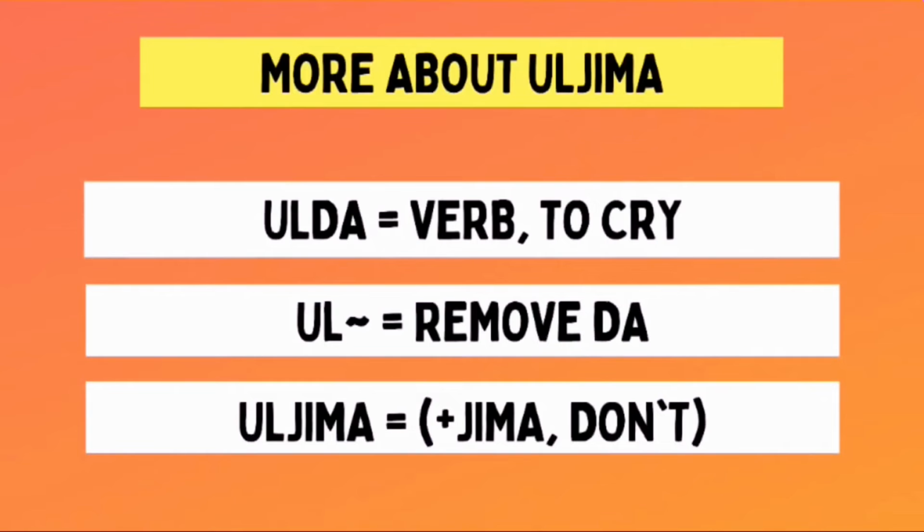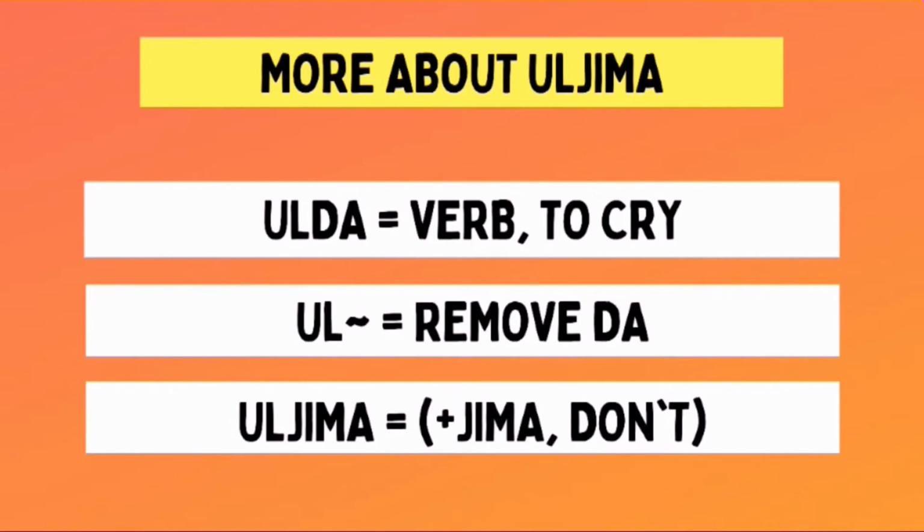Let's learn more about the word uljima. Uljima actually came from the root verb ulda, which is already discussed on this channel as well. I've also attached the link for the full video about ulda. But the word ulda is a root verb that means to cry. And to be able to transform this into uljima, we need to remove the da and we need to add jima. So why do we need to add jima?